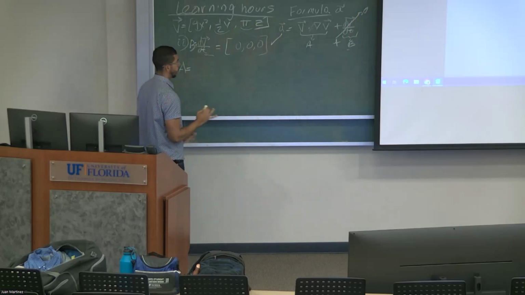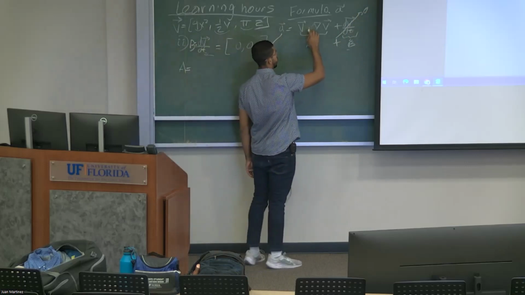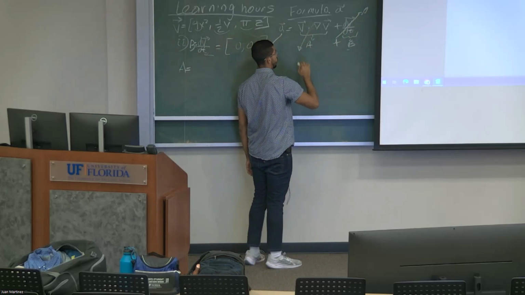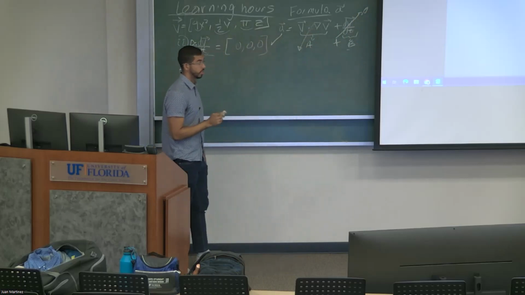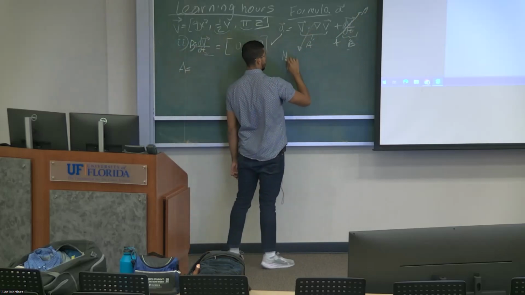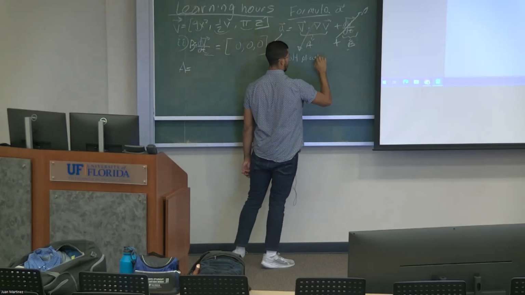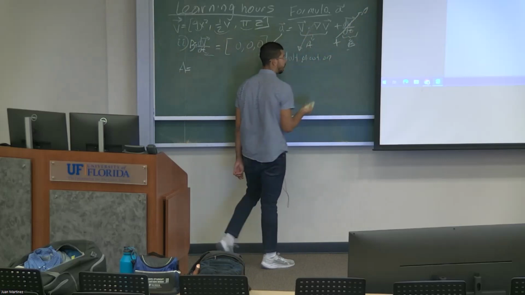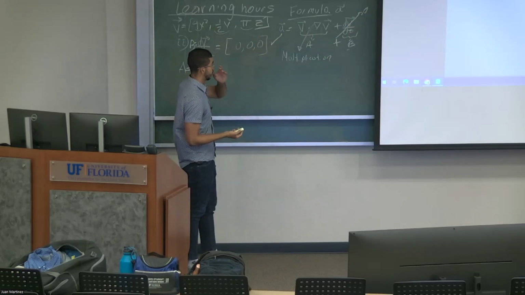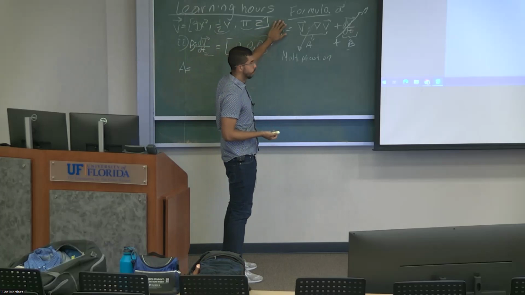All right, so let's go to B to A. So this over here, this is a question that I had before. That's not a dot product. That's a multiplication. The reason is because we're talking about a vector, right?